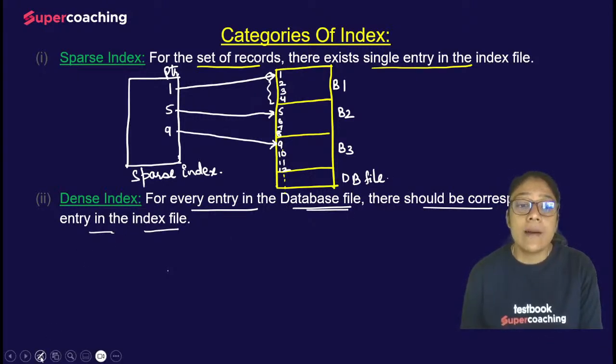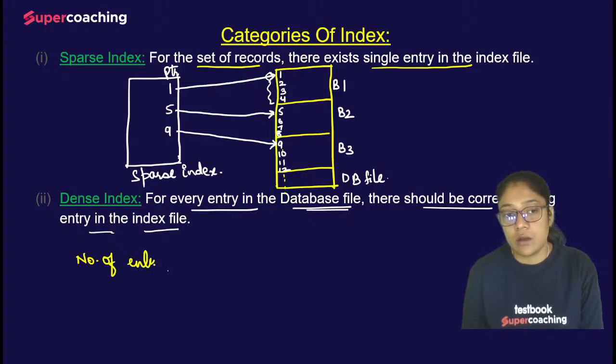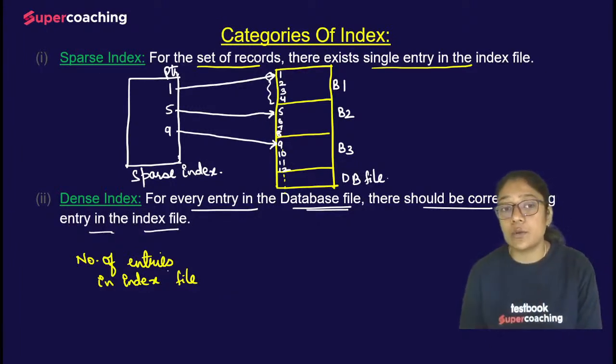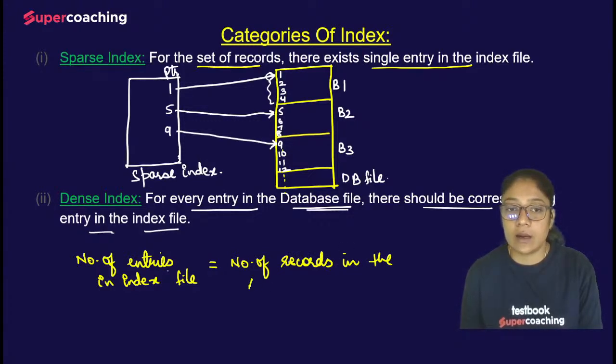How many entries will the index file have? As many as there are records, because for every record there is a corresponding entry in the index file. So the number of entries in the index file is equal to the number of records in the database file.